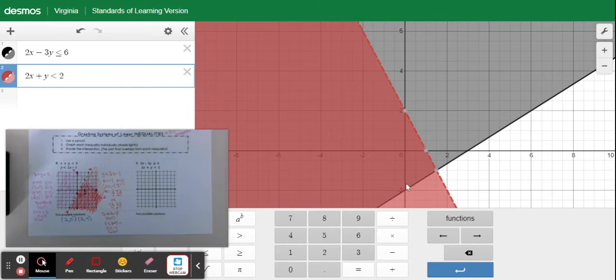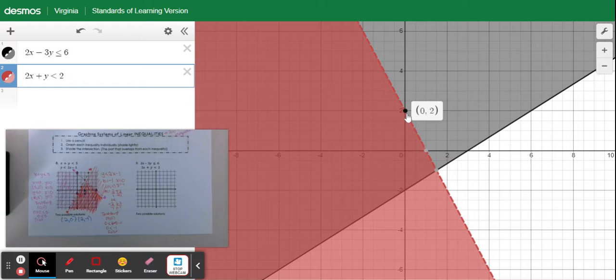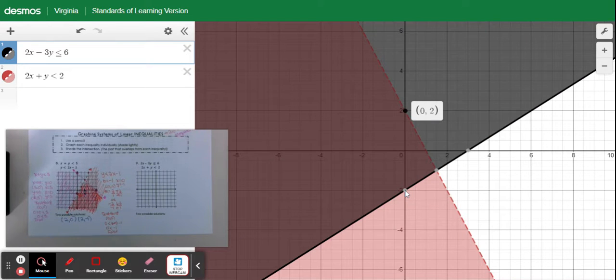So let's interpret this a bit. This point, 0, 2, is not a solution because it's a part of the dotted line. But this point over here, the y-intercept of the first inequality, is a solution. It is part of this triangle almost, the intersection piece.